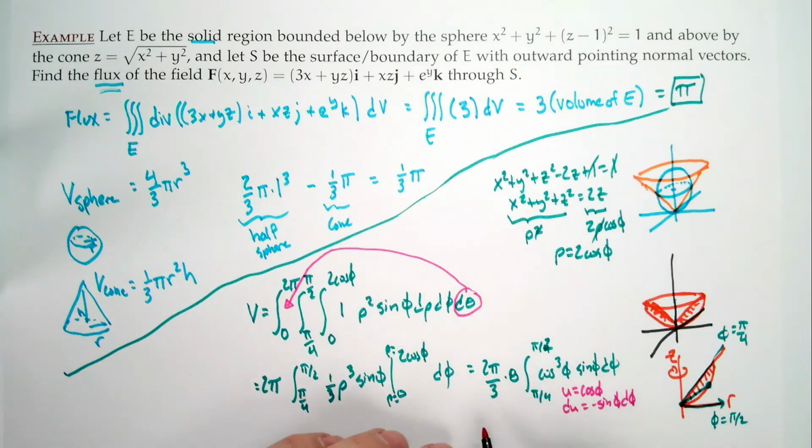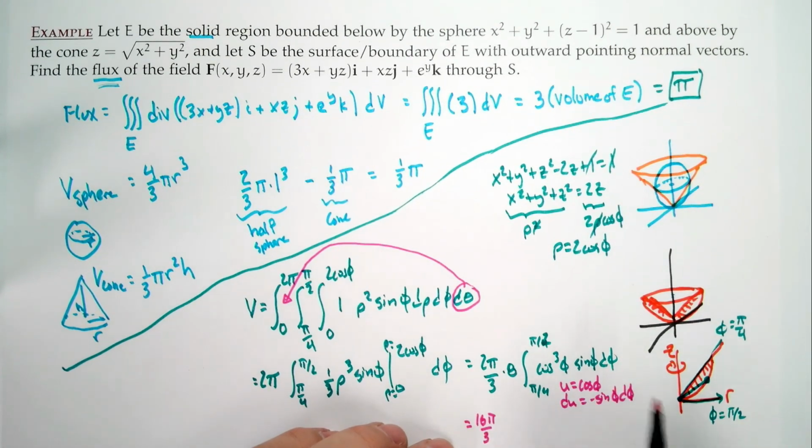So what do we get after making that substitution? We have 16 pi over 3, which is this part, times the integral. Now, our bounds: cosine of pi over 2 is 0. Cosine of pi fourths is root 2 over 2, which we can also write as 1 over root 2.